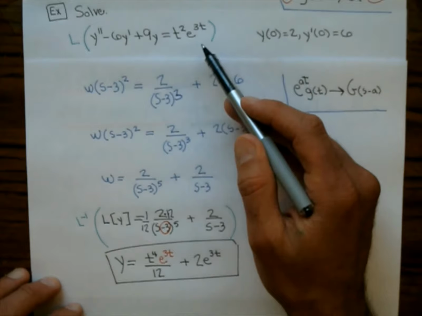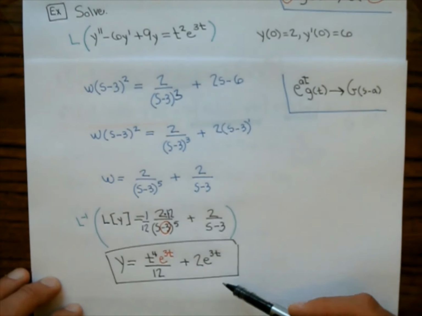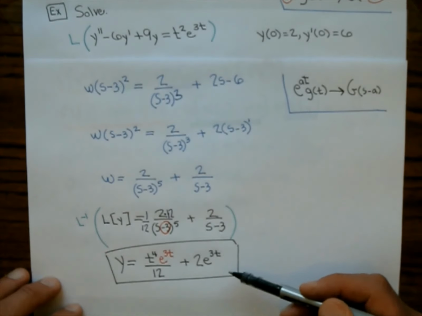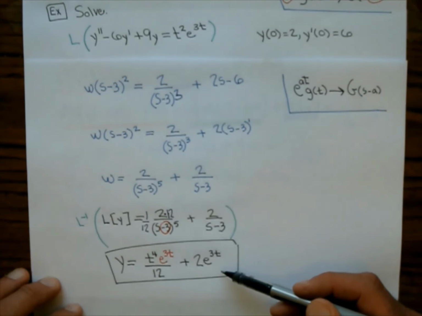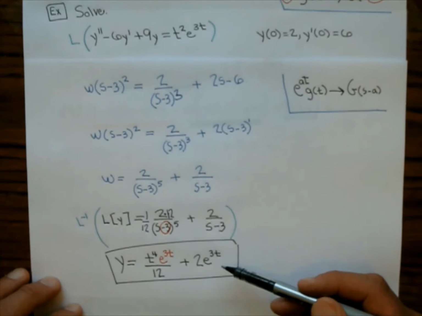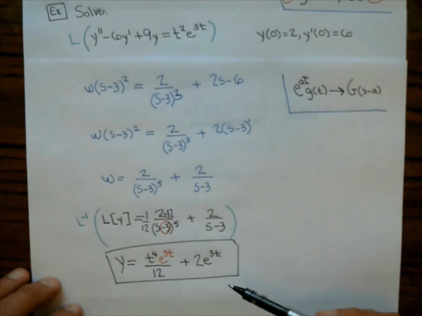So it's doable, but it was a lot more work. And this is not all the work. I'm covering up some of the work that we did, but it was more work than we did. I also did this problem using variation of parameters, and it was even more work than the undetermined coefficients, which was more work than what we did.